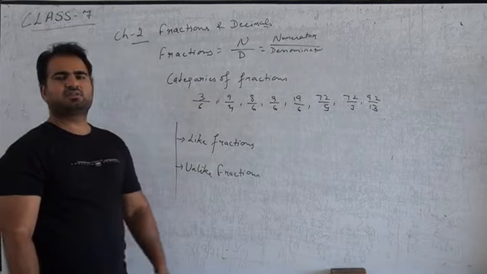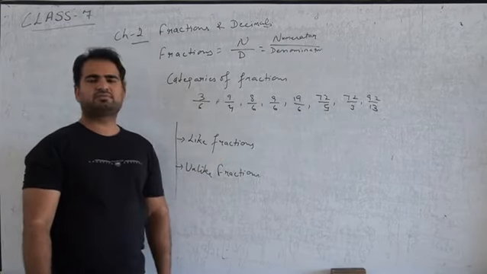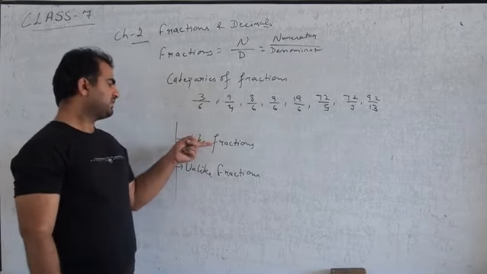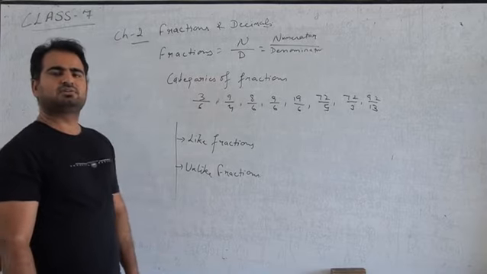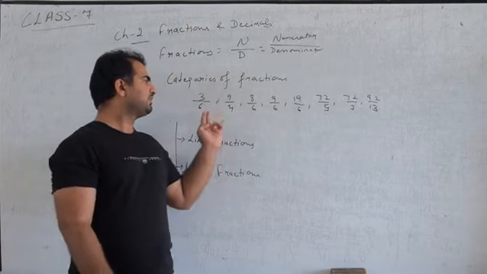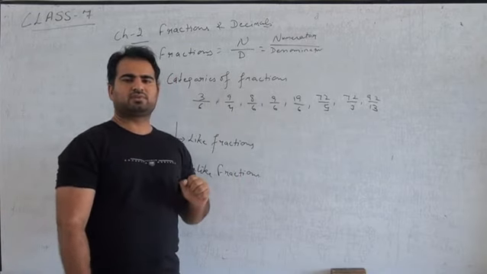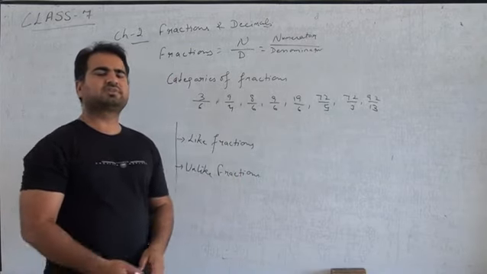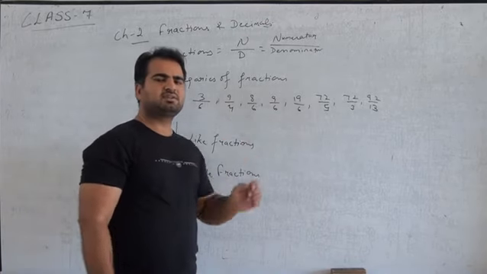These are some fractions. What we have to do is categorize them into like and unlike fractions. So what are like fractions? Like fractions are those fractions whose denominator is the same.